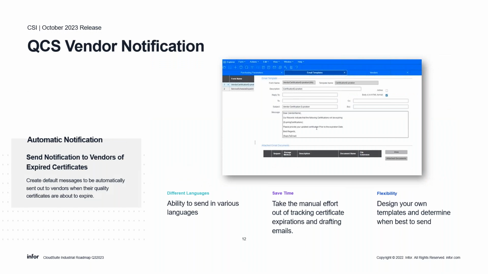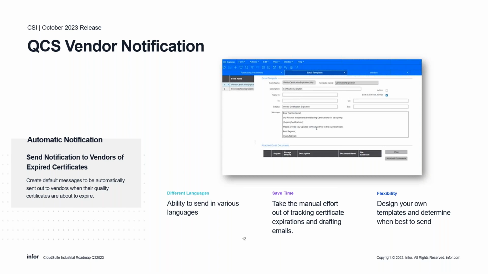And then our QCS vendor notification. So this will allow you to set up in the system automated notifications to go out to vendors when certificates expire. So you'll put in the date, you can actually draft the template of what you want the message to say and select a time interval, maybe 30 days before expiration, or even if there's a reason to send it after expiration.